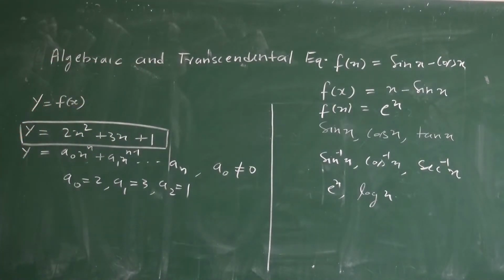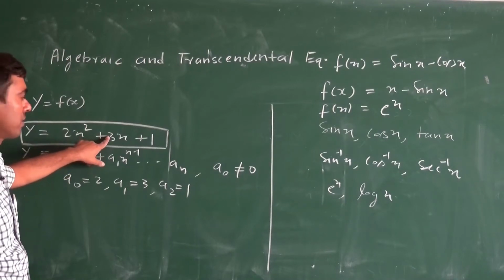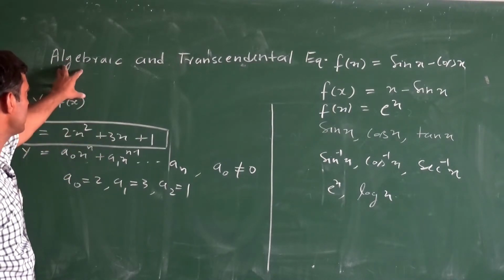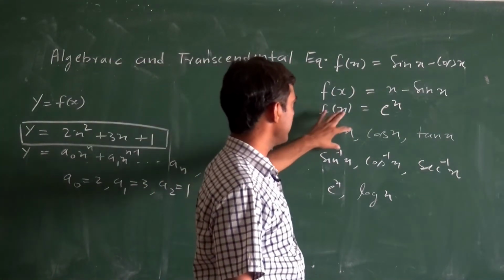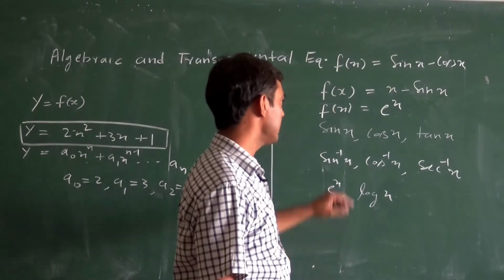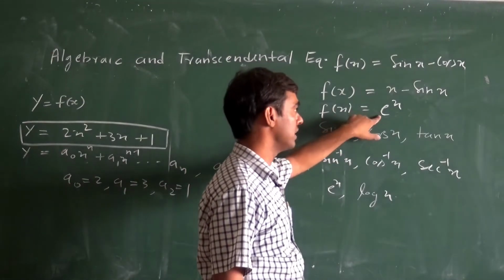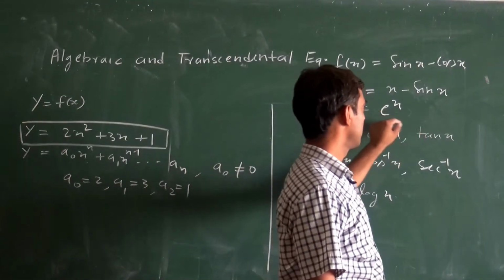So, an algebraic equation is one that we are able to write in terms of a polynomial having a finite number of terms. If an equation has any special function, then obviously how many terms?